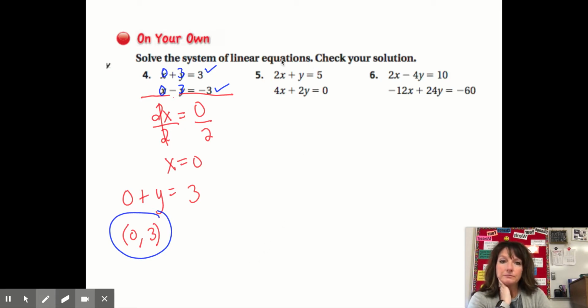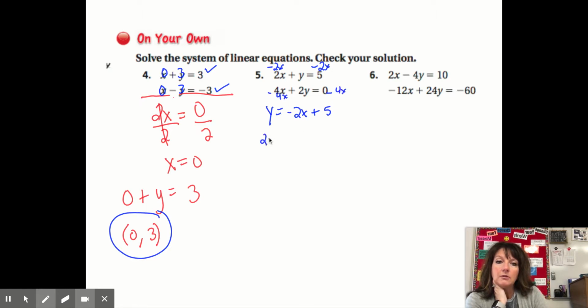Okay. Looking at this problem, one thing we could do is put it into slope-intercept form, pretty easily. So minus 2x on both sides. The first equation would be y is equal to -2x plus 5. Here we have to subtract 4x from both sides.